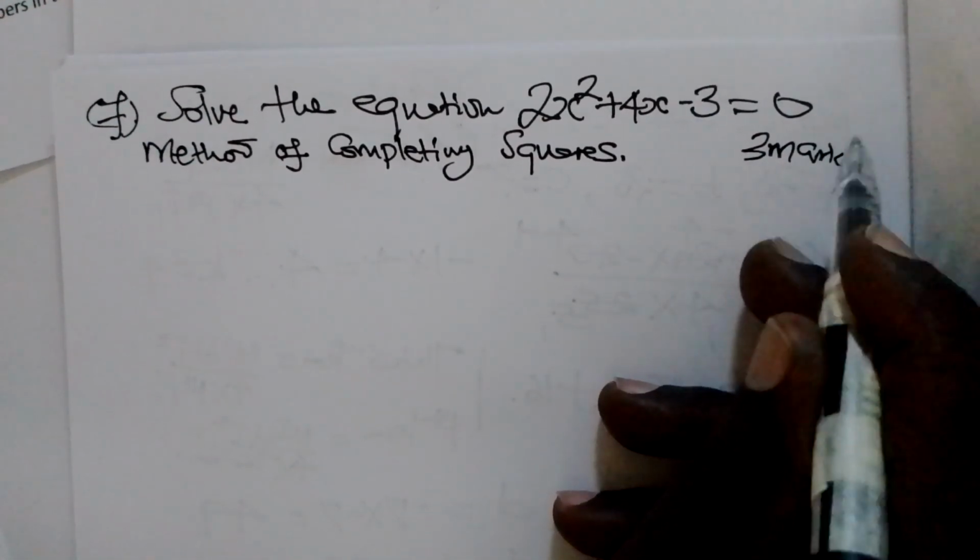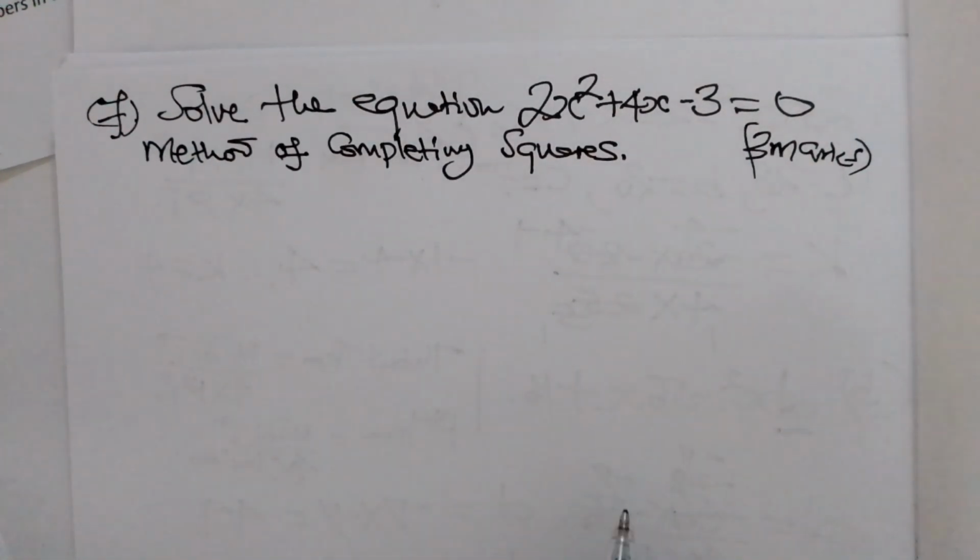The marks to be awarded here would be 3 marks. Solve the given quadratic equation 2x squared plus 4x minus 3 is equals to 0 by the method of completing squares.